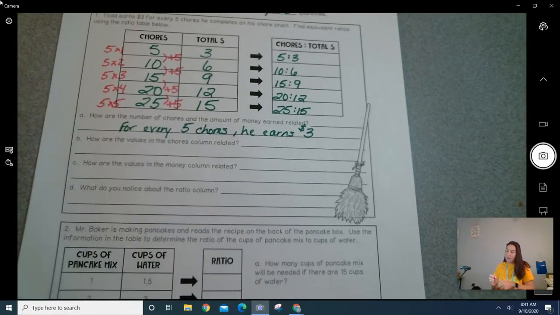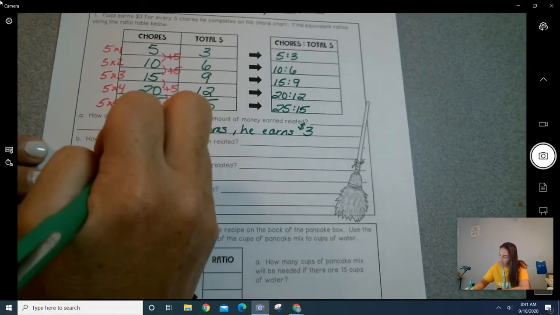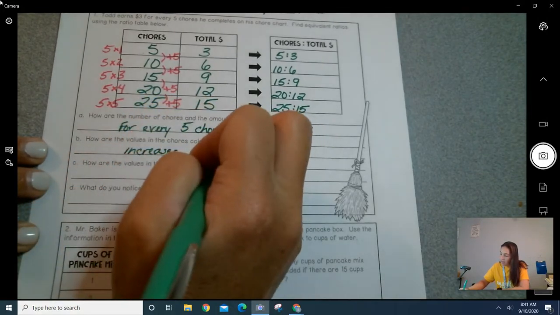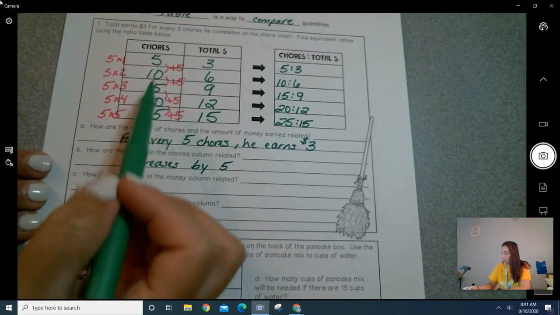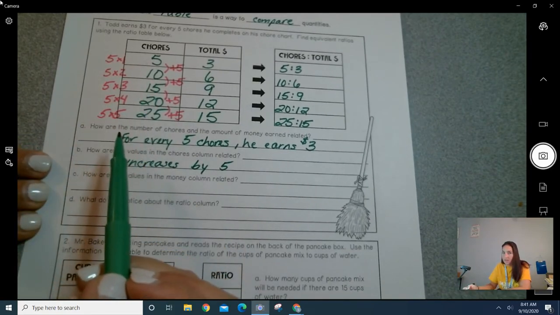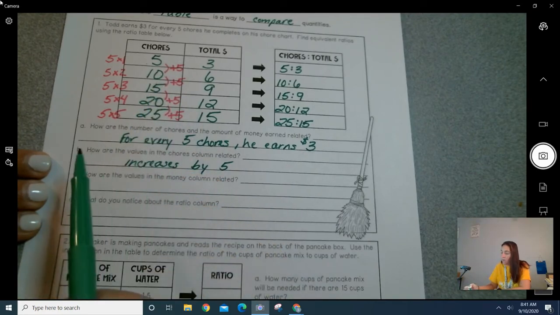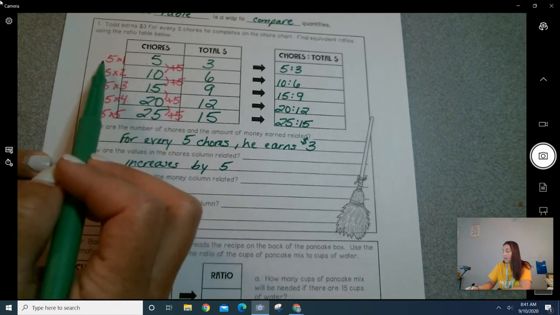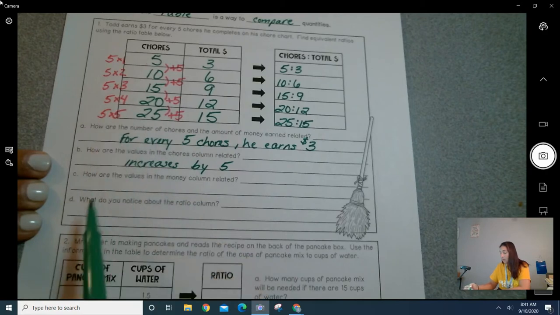And I'm going to go ahead up here and just write for B, increases by 5. But there are 2 ways you can look at that chores column and see how they're related. Each time they increase by 5, or we can use multiplication and multiply by 1, 2, 3, 4, or 5 and keep going up.